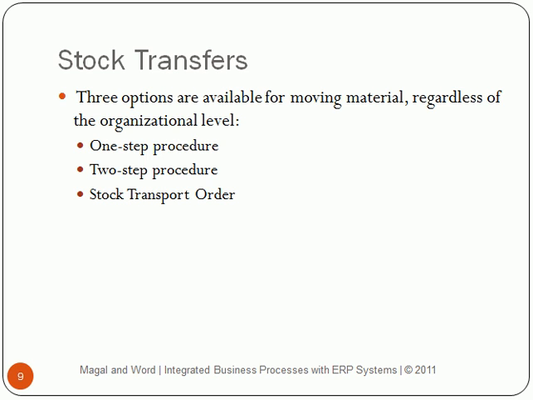Now, when you're doing stock transfers, you can do that in a one-step procedure, a two-step procedure, or you have to go through what we call a stock transport order. In a one-step procedure, you know who is the sender and who is the receiver, and in just one document, on one line you specify the sender, and on the second line the receiver.